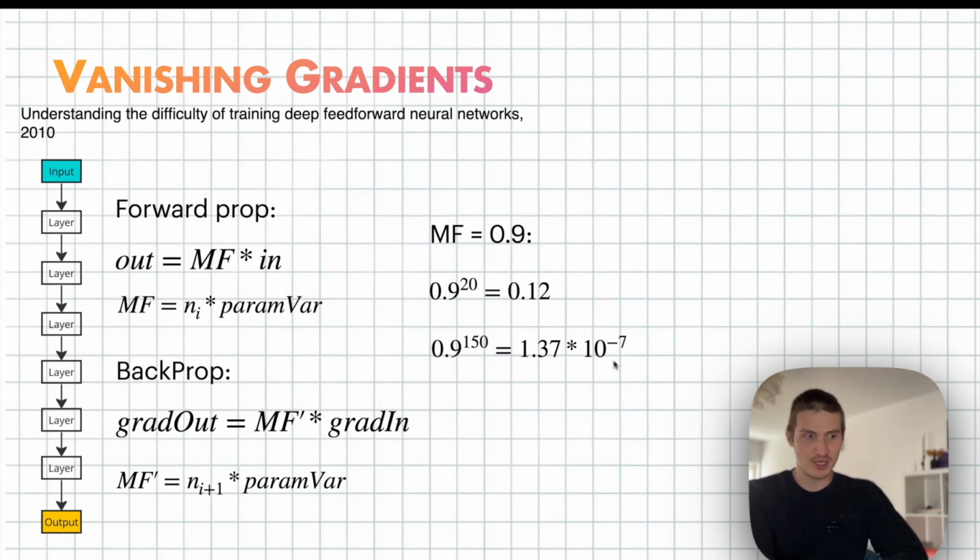This is really unfortunate because this factor gets applied every time you step backwards during backward prop, meaning that the gradients will be fine for the last layers, but as you start to reach the initial layers, the gradients will be zero.